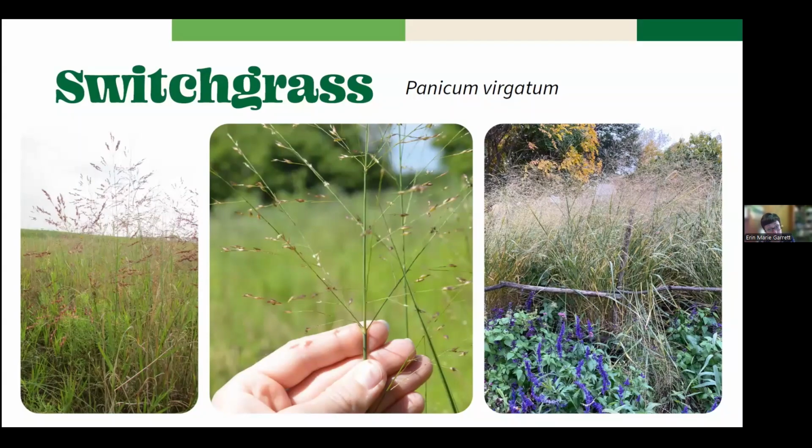You can get some red-ish color as well on some of the leaves when it's young and as it matures. So again, that color differentiation isn't super helpful like between this and a big blue stem. We'd maybe look at the flattened stem in a big blue versus round in a switchgrass. Okay, so depending on what you're comparing, there's different characteristics that you can pull out to look for.